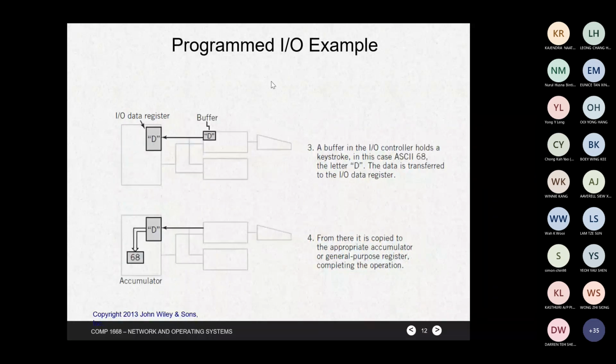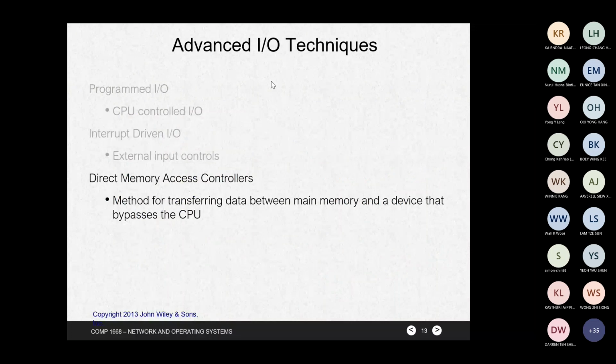Just an example. Then we have the memory access controller, which is connected to the memory. As we all know, it transfers data between memory and devices. The devices can be I/O or CPU.